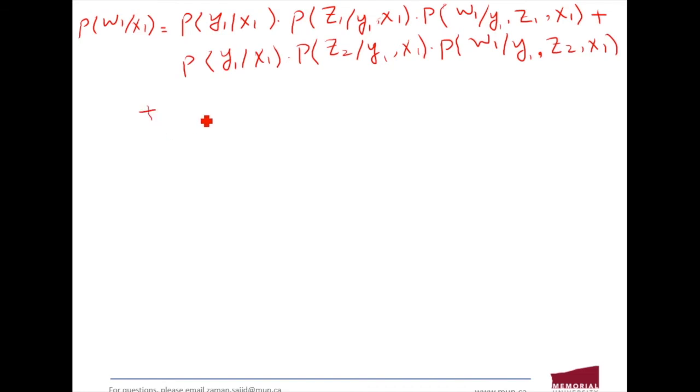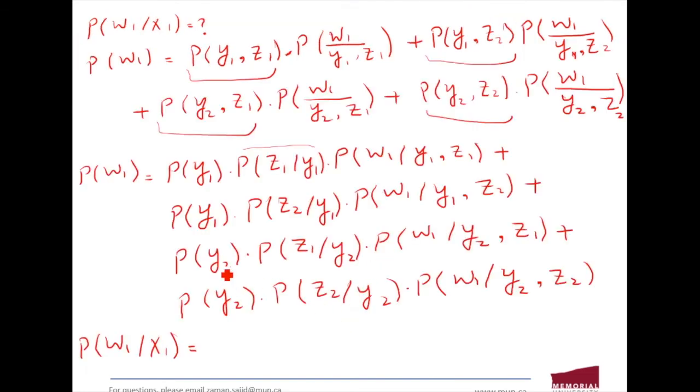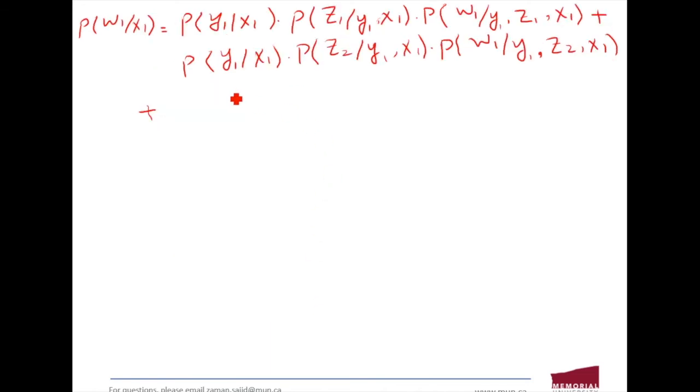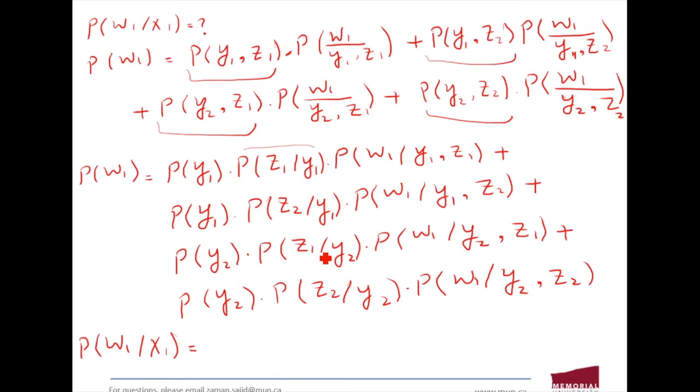Plus the third term here is with respect to Y2. So it will be Y2 given that X1. It will be the probability of Y2 given that X1, times the probability of, now this one will be Z1 given that Y2 and X1.